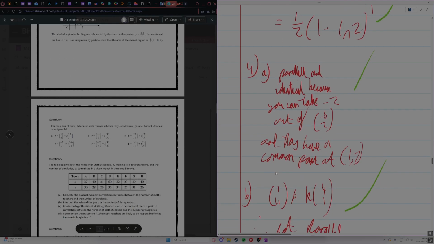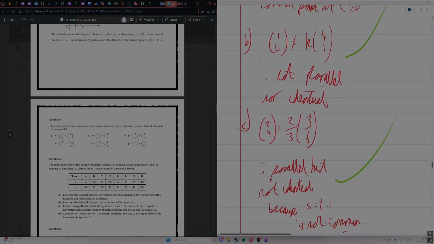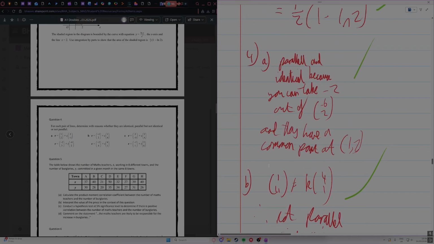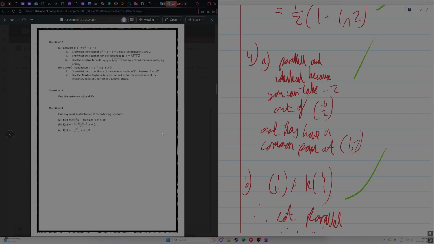Oh, this question was dumb. So I think what it meant by identical is that they can be parallel to each other, but in order to be identical, they must be parallel. If anyone here is going to do Tamur, that's a necessary condition for it to be identical: that it's parallel.